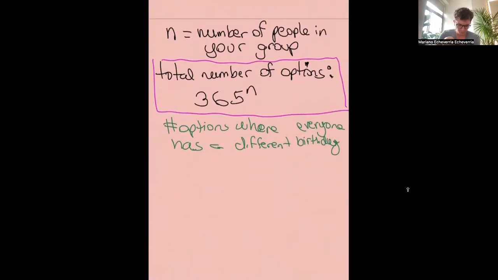So what should I put here? I should put 365 times 364 times 363 times... What should be the last number I put here? What should be the last entry?